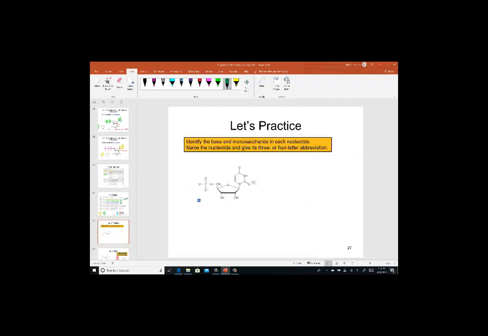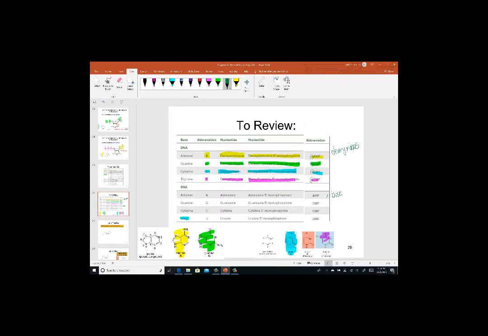All right, let's put some practice in before we bring closure to our first lesson. Let's practice. There have been a lot of new words coming our way. Let's identify the base and the monosaccharide in each nucleotide and then name it. Name the nucleotide and give its 3- or 4-letter abbreviation. So I'm asking you really to name the nucleotide in this column. Which one is it?